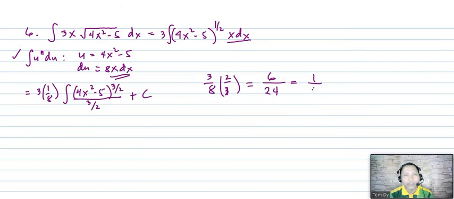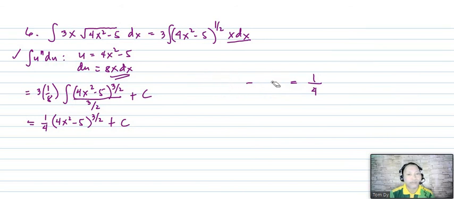So that means this is equivalent to 1 over 4, and then 4x squared minus 5 raised to 3 over 2 plus c. That's it. I will erase this one.